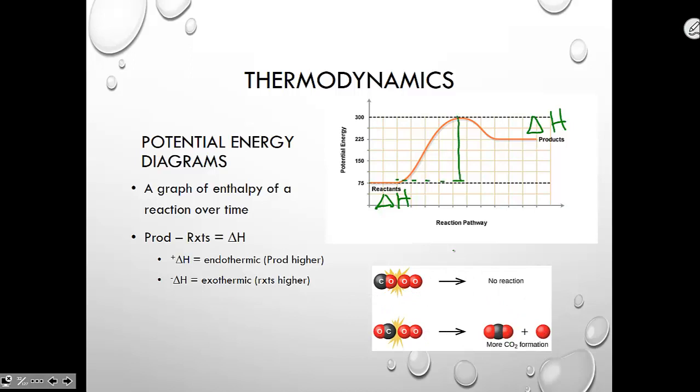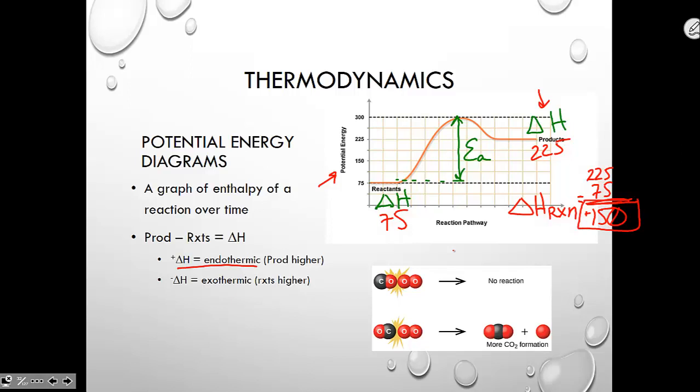So on this graph, as our reactants become products, the amount of energy your reactants need when they collide is this hump here. This potential energy diagram is showing a particular type of reaction in which our products have more energy than our reactants. The change in energy for the reaction, or the enthalpy of the reaction, would be if you took the potential energy of your products and subtracted the potential energy of your reactants.